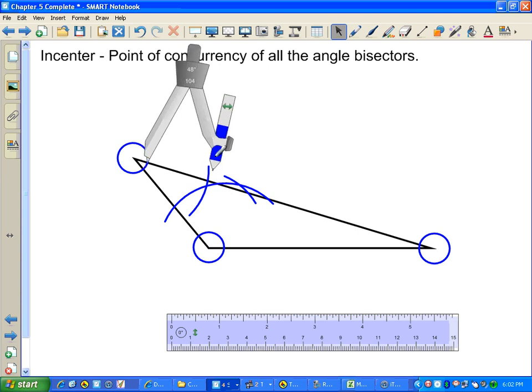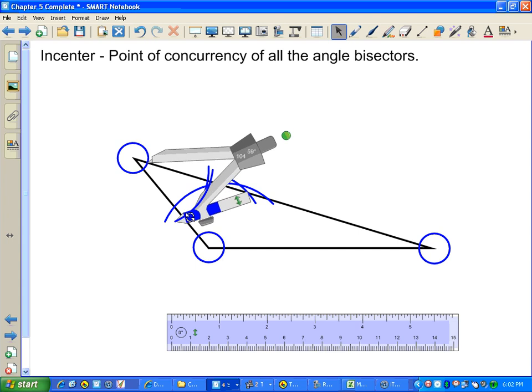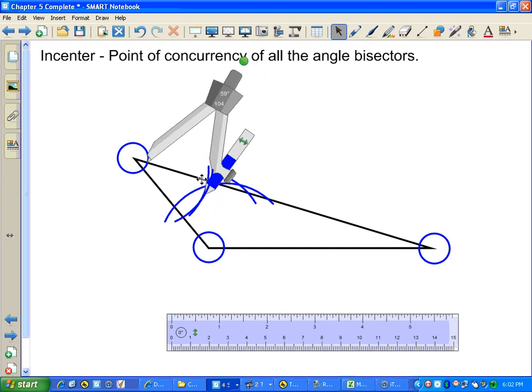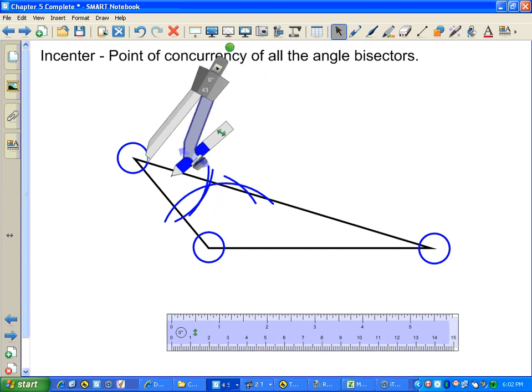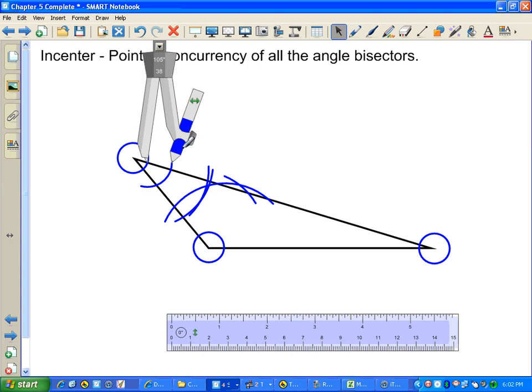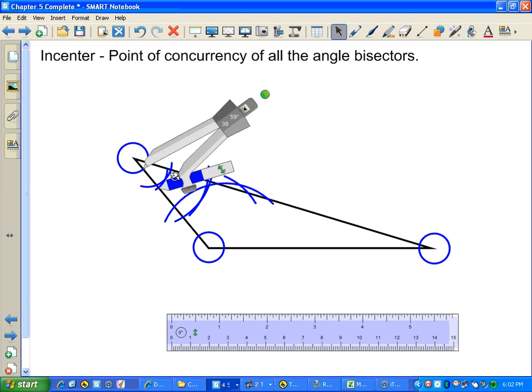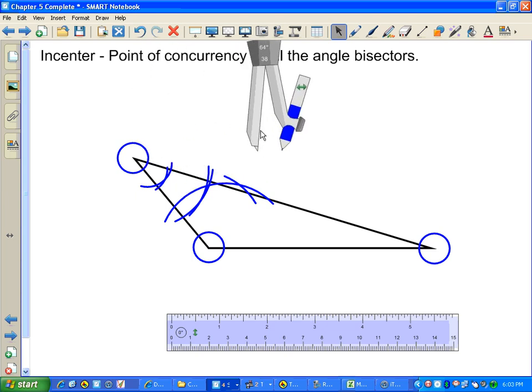So this one and this one. Which is not the best. Let's maybe make it a little smaller. There, now we can see the intersection a little bit better.